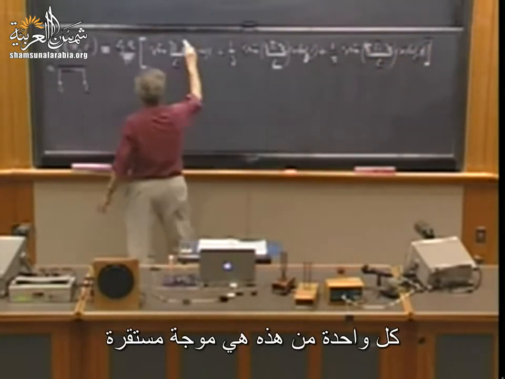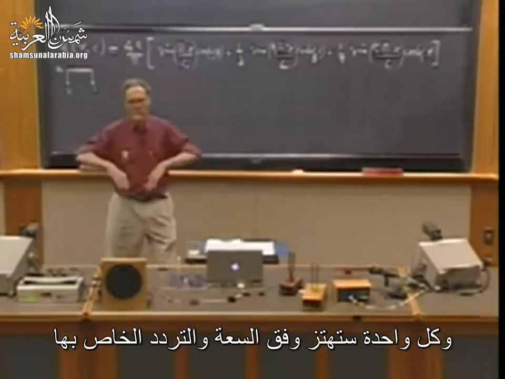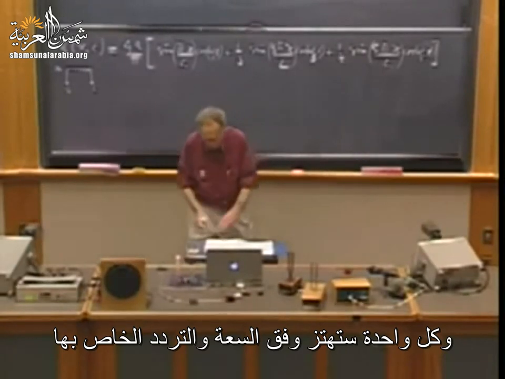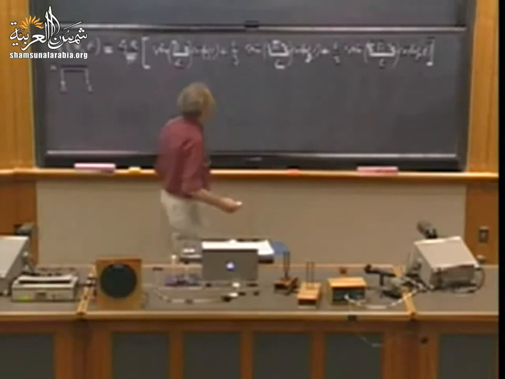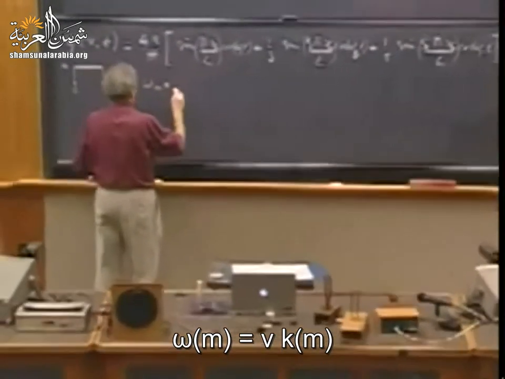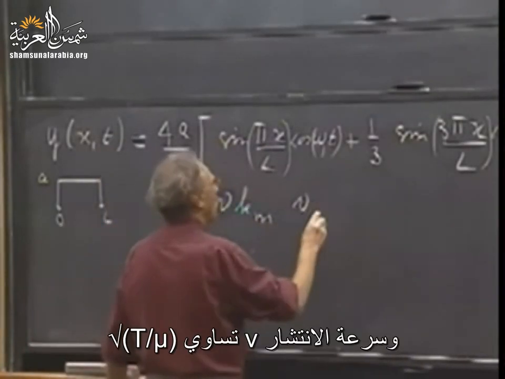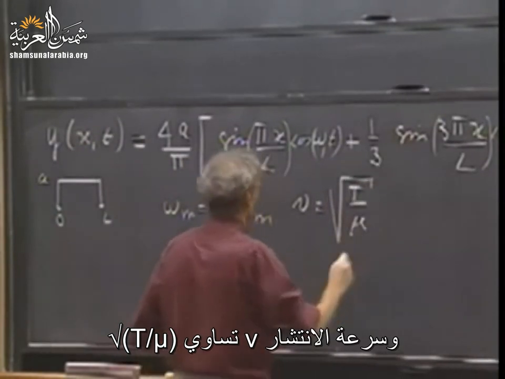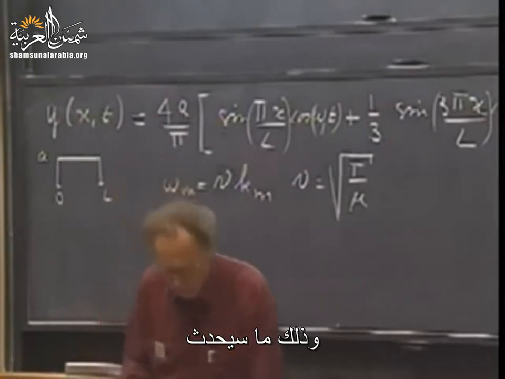Each one of these is a standing wave, and each is going to oscillate with its own amplitude and its own frequency. And omega m is going to be v times k of m, and the speed of propagation is the square root of T divided by mu. And that's what's going to happen.